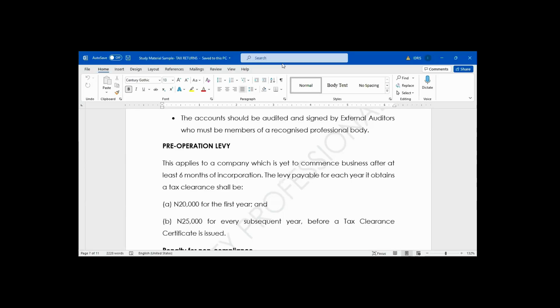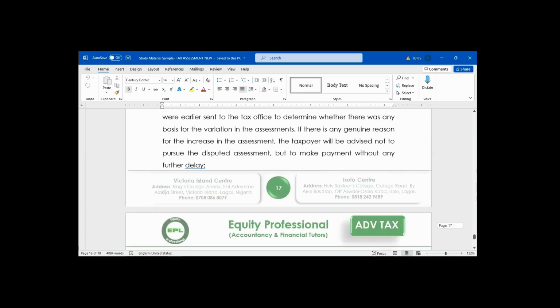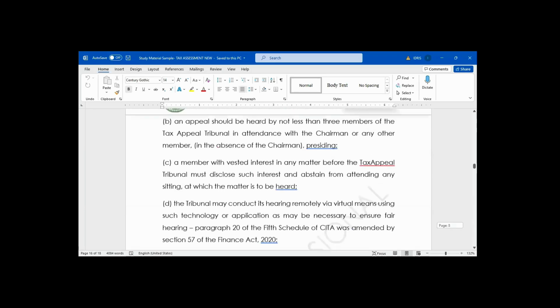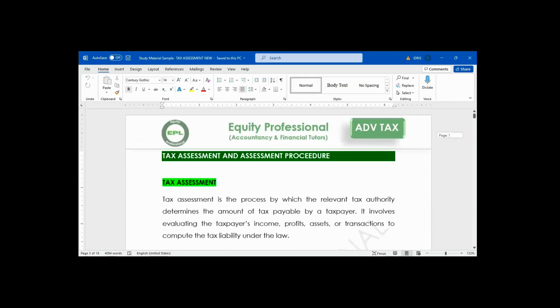So the next area we are going to now is the area of tax assessment, tax assessment and assessment procedure. What do you understand by tax assessment?